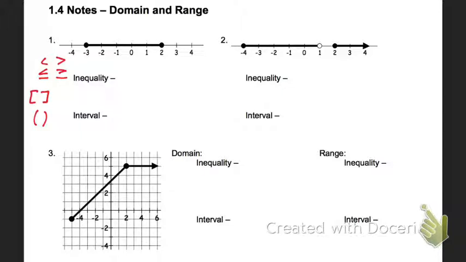And it all determines whether you have less than or equal to, greater than or equal to, or brackets, that's for a closed circle, at a definite point. Then the less than or greater than and the parentheses, that'll be for an open circle.